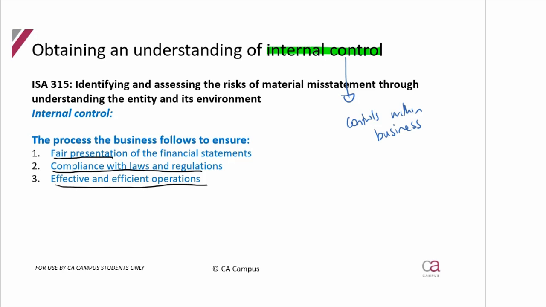So it's a major process. It's not one little thing. There's millions of things that make up internal control so that they can achieve fair presentation of their financials, that they comply with all laws and regulations, and their operations are done effectively and efficiently.